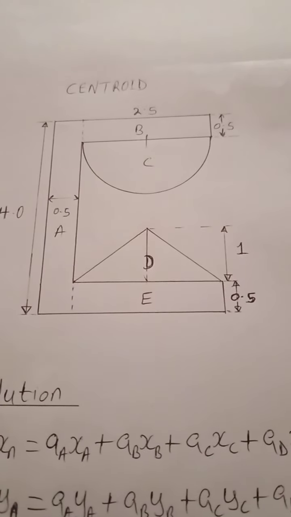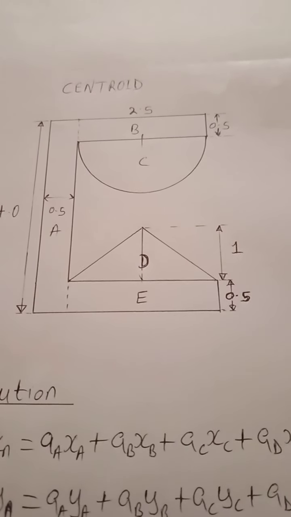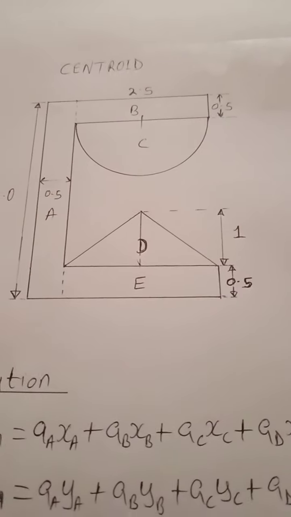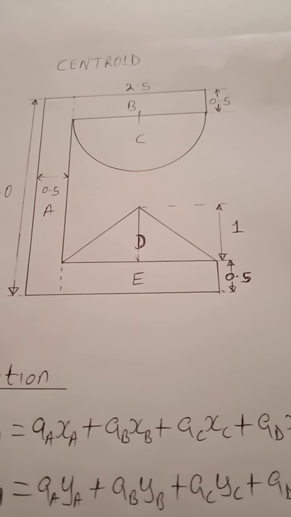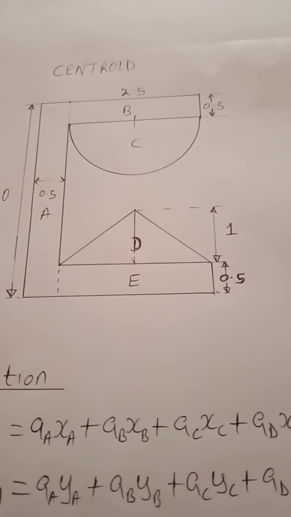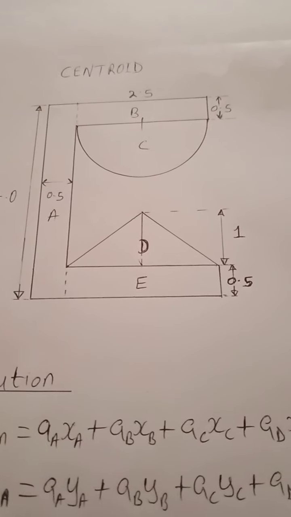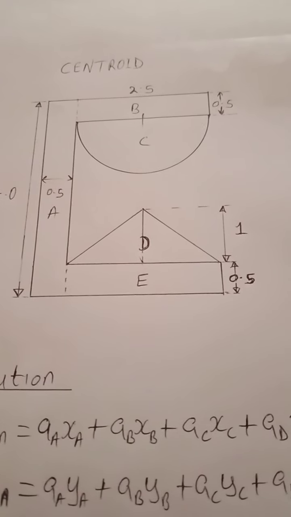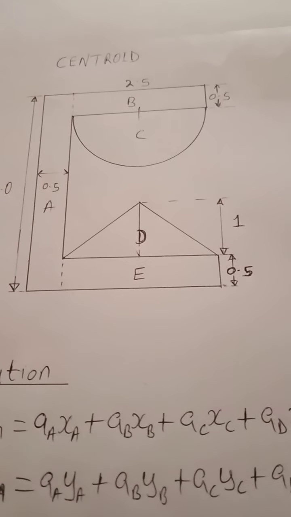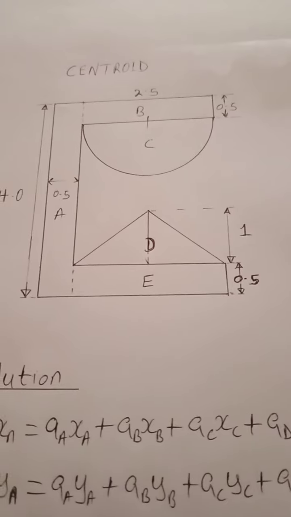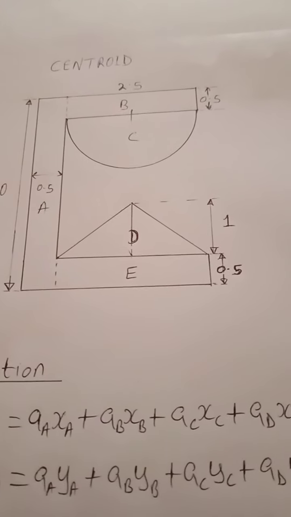But in this case, we are dealing with a plane shape, an area of a plane shape. When you place a body on the floor, the area of the floor that body will occupy is what we mean by plane. The plane shape, the area of that body, meaning the base of it.